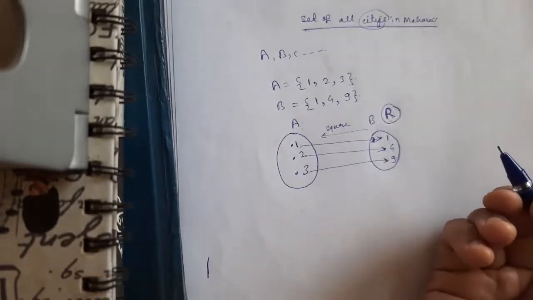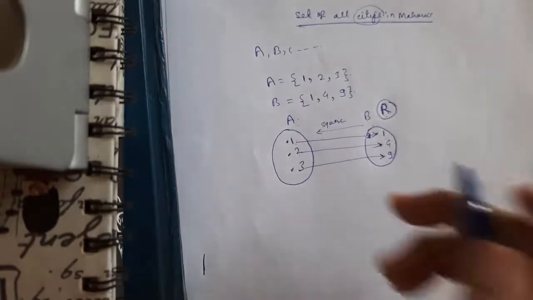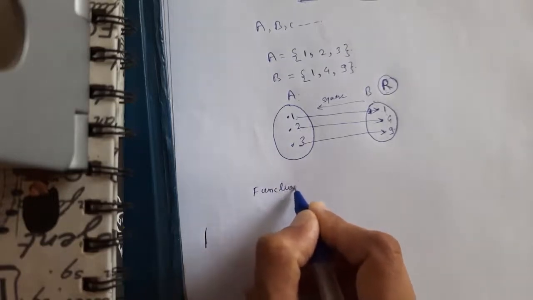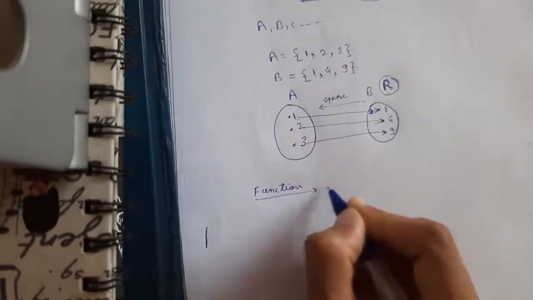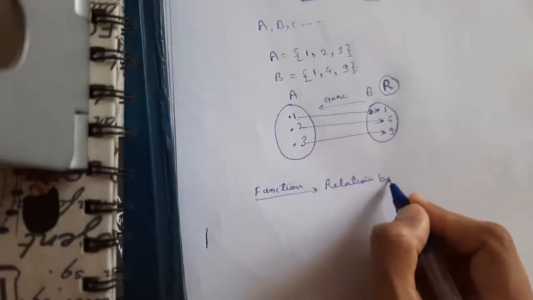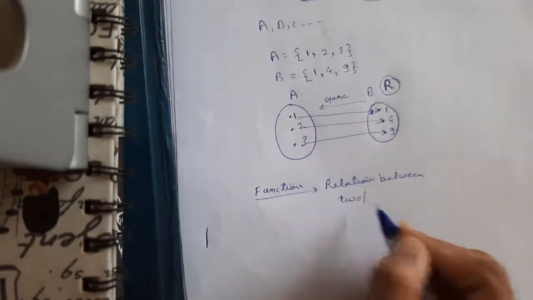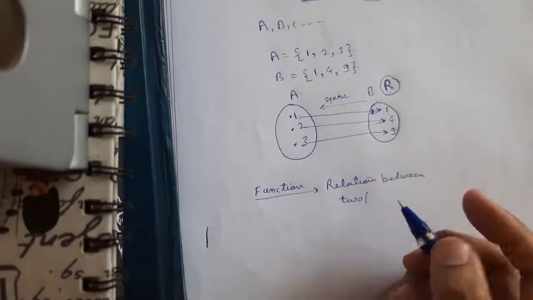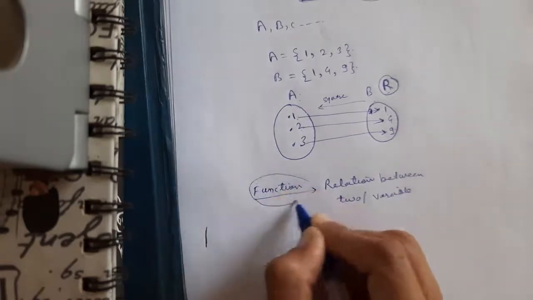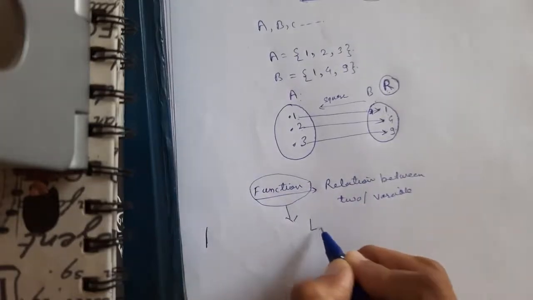Now this thing you already know. So simply the function is also a relationship between two variables. This function is nothing but a relation between two or more than two variables, but we are discussing here only two variables. So this term function was actually introduced by Leibniz.